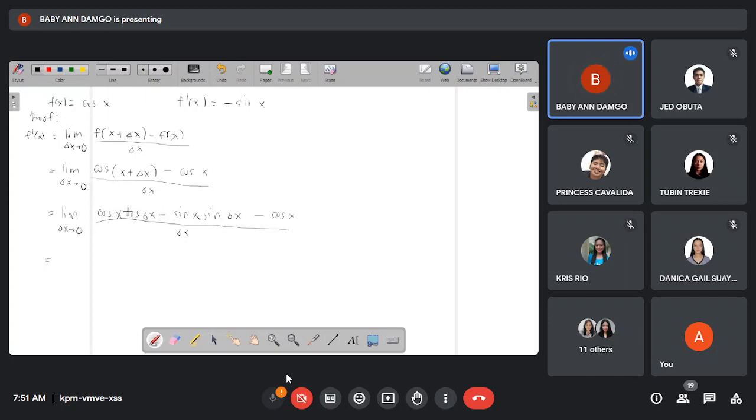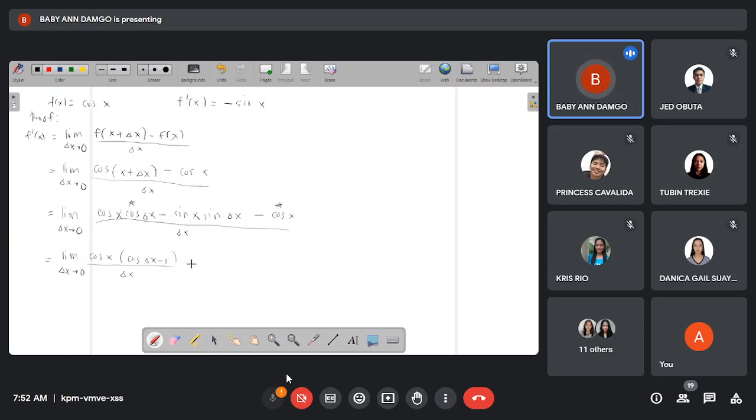Okay? So, ato na sa ning i-combine. This one, pwede kang makafactor sa cosine x. So, this is the limit of your cosine x times cosine of the change of x minus 1 all over the change of x as the change of x approaches 0.